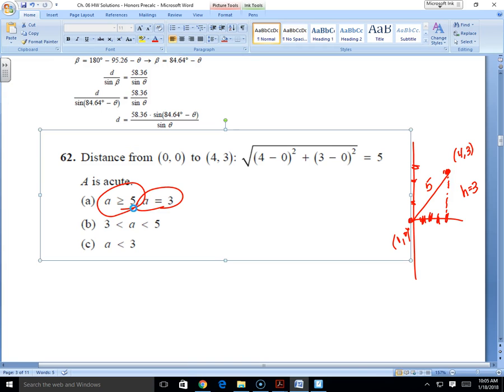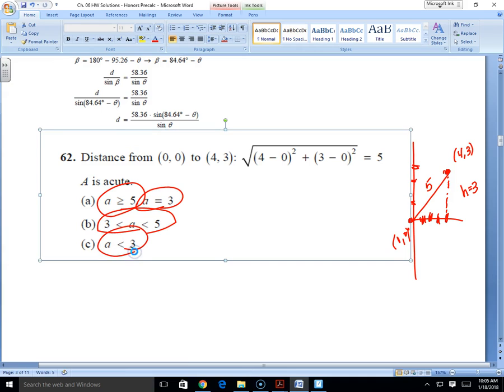Like say we had 4. You could come in and connect and make a triangle, or you could swing out and connect. So anything between 3 and 5 is going to make 2 triangles. And if A is less than 3, how many possible triangles? Oh, he's going to dangle. He's not going to connect. So that's going to be 0.